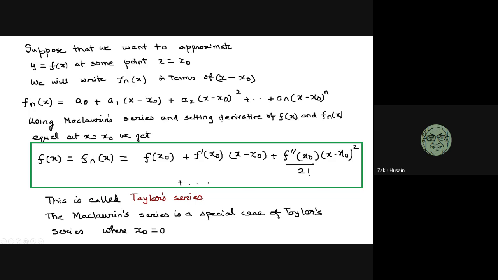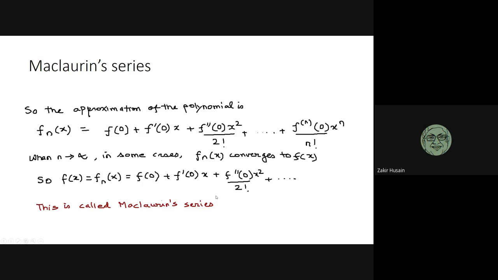Now, using Maclaurin series and setting the derivatives of f(x) up to f^n equal at x equal to x0, we will get f(x0), f prime (x0) (x minus x0). We are just replacing this in the polynomial. Okay. We are just using Maclaurin's terms.